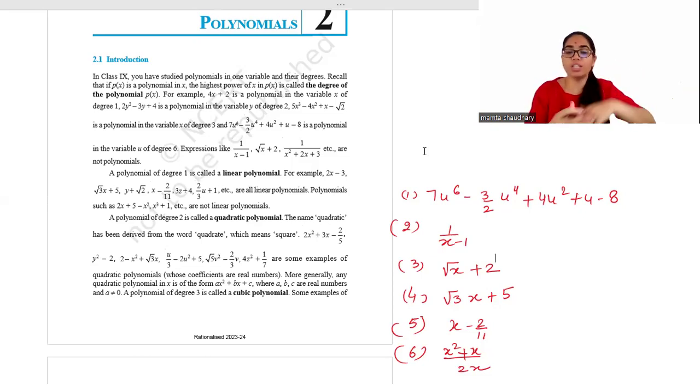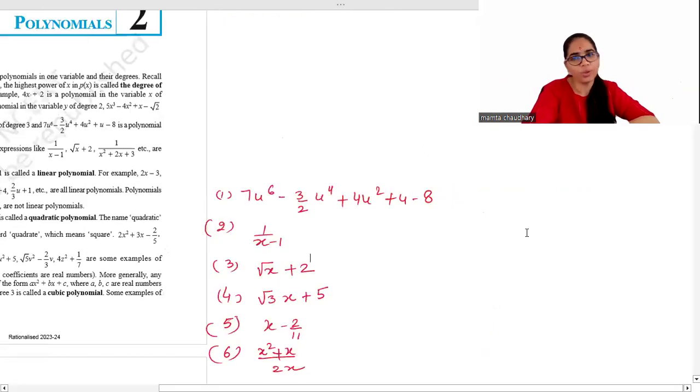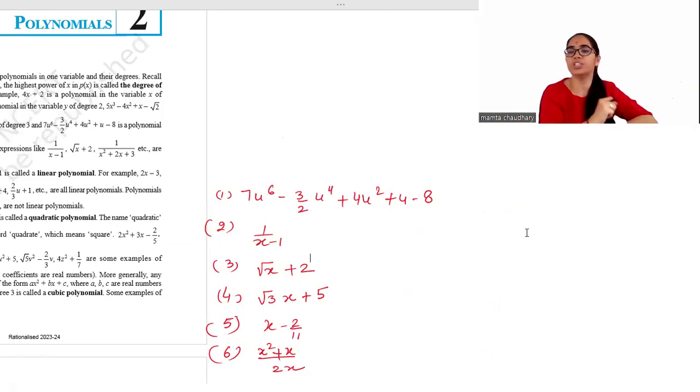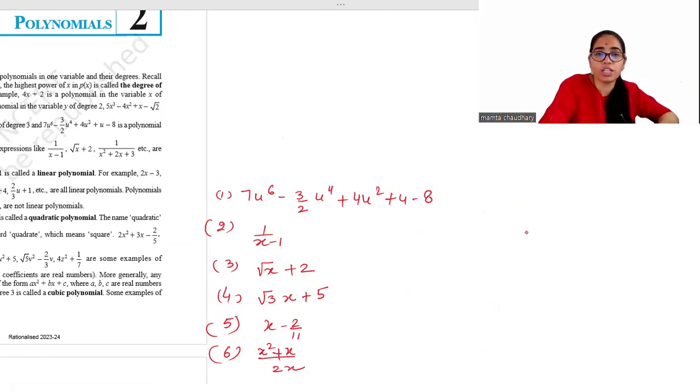Now we need to see which of the following are polynomials too. Okay. So for polynomials, we have certain conditions. Those conditions should be followed. Then only we can say that yes, that particular algebraic expression is a polynomial. Okay. So let's write which conditions are there.